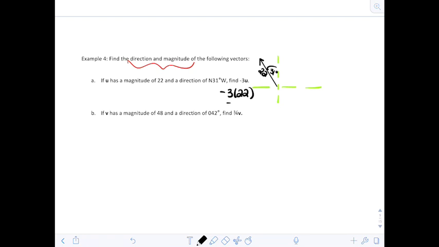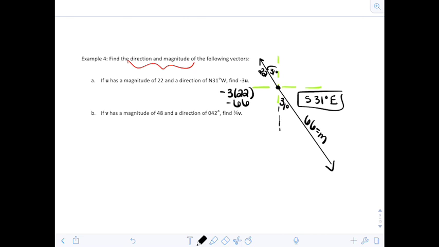So I need a magnitude of 66, but the negative is going to make it go in the other direction. So I would go in the complete opposite direction, making it 3 times as long. And this has a magnitude of 66. Now, the direction angle, if we're doing quadrant bearing, this is a vertical angle to the north line here. So that's also 31, but it would be 31 degrees east of south with a magnitude of 66.